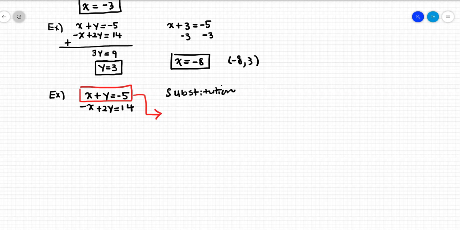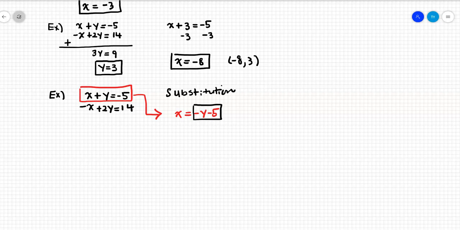I'm going to subtract y on both sides. So then you got x equals minus y minus 5. I subtract y from both sides. So when you look at the second equation, we are going to substitute x with minus y minus 5.